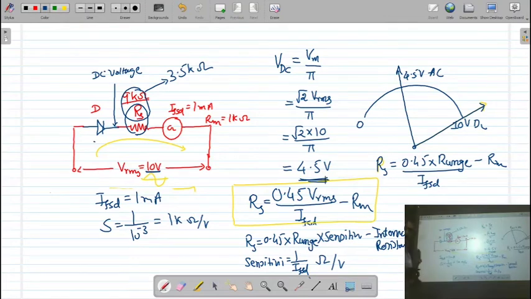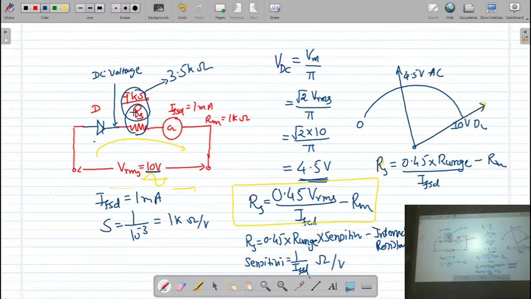So if you want to increase the sensitivity, then instead of a half wave rectifier, we can use another rectifier circuit, and that is the bridge rectifier. So in the bridge rectifier, the sensitivity will increase, and you require a small change in the value of the RS.